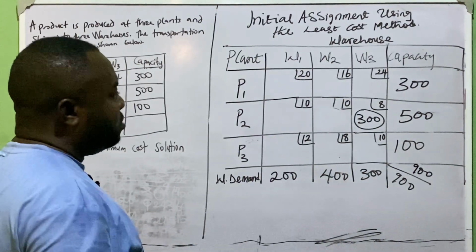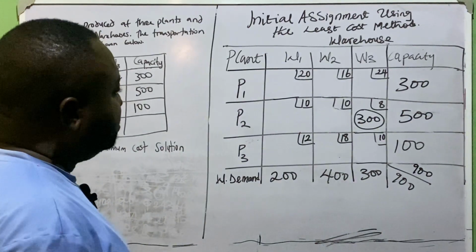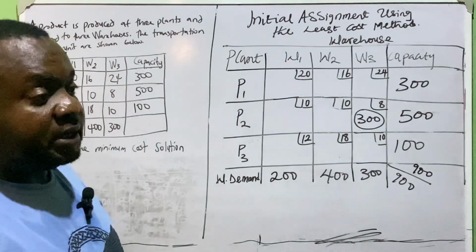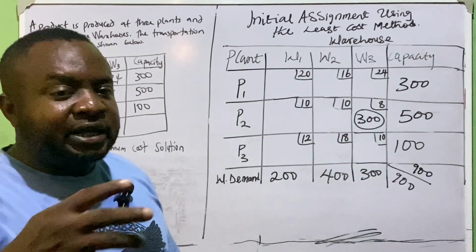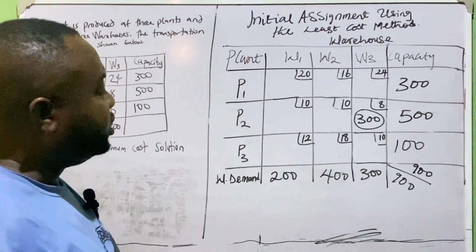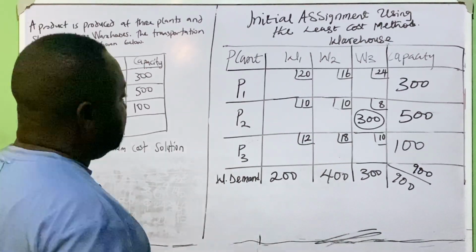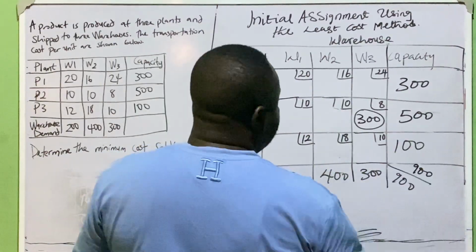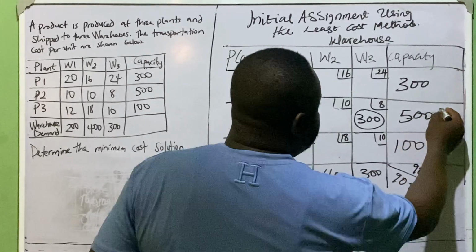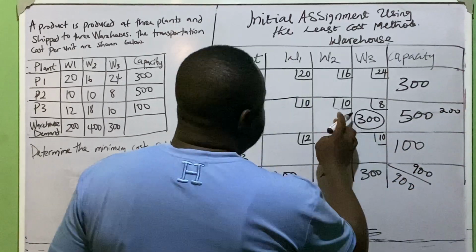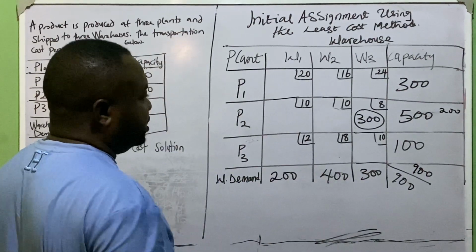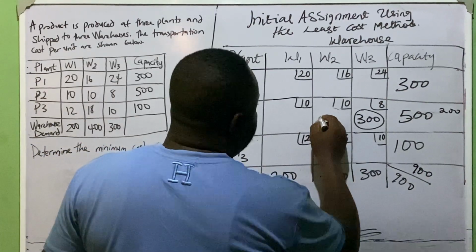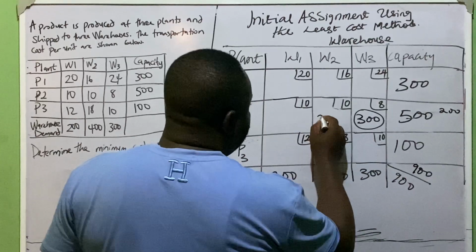But it is also advised that when you have a tie, you ship into a cell that will contain a larger quantity of the goods. But in our case, we have taken 300, and we have 200 left here. So we can bring in 200 here, and we can also bring in 200 here. So there is a tie both ways, which means the same thing for us. So let me just bring my 200 to here.